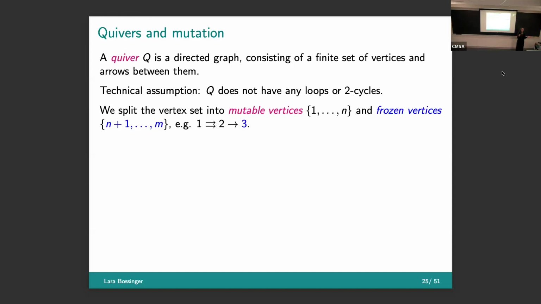Some of them are going to be called mutable vertices, and some of them are frozen. The frozen vertices in my talk will always be marked in blue, just to remember that they're frozen. And this is a choice I can make from the start. I can also have all frozen or all mutable vertices, but what I'm going to construct from a given quiver will change and depend on this choice.